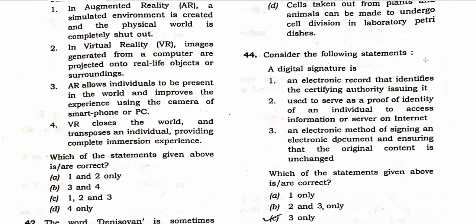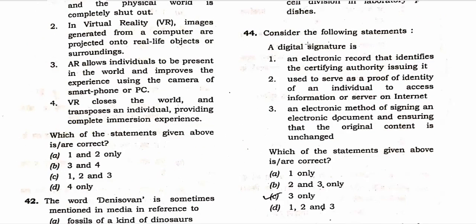Then consider the following statements. It is basically on the digital signature. When a digital signature has been done, we know that it's an electronic record that identifies the certifying authority issuing it, first and foremost. Secondly, they use it as a proof of identity of an individual to access information on a server on the internet. Could be. 3. An electronic method of signing an electronic document ensuring that the original content is unchanged.